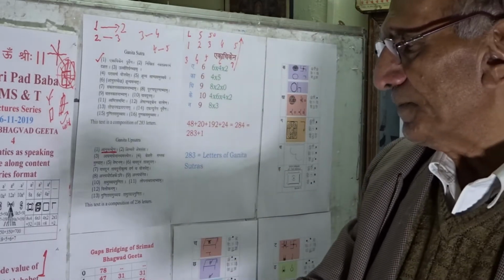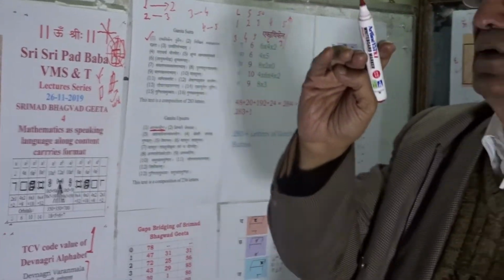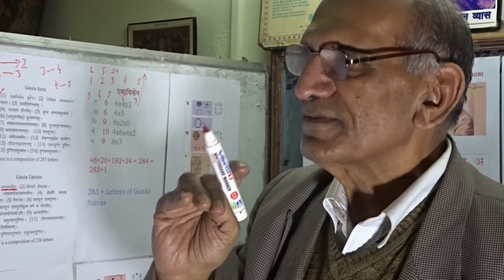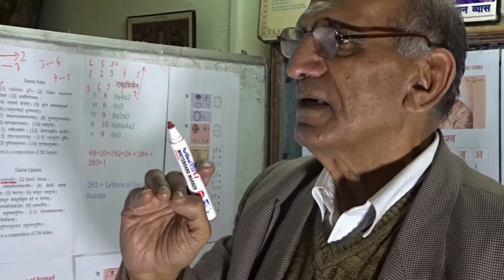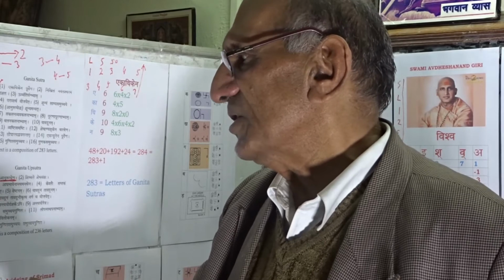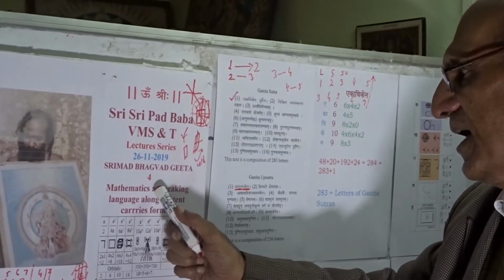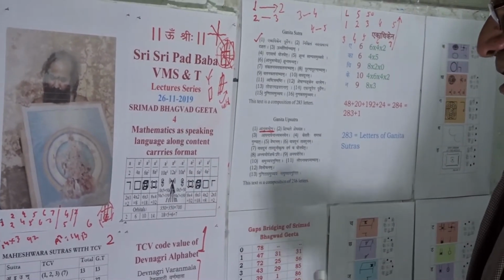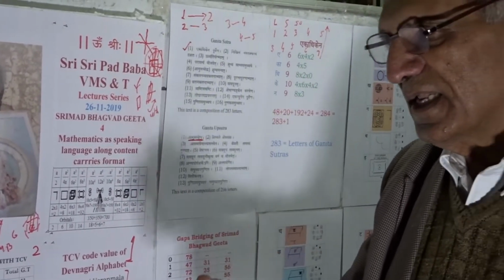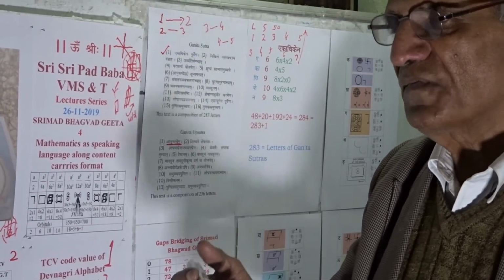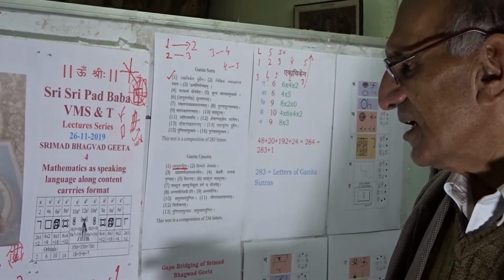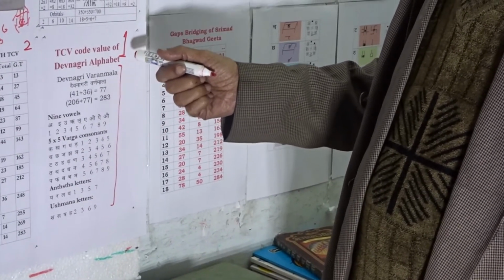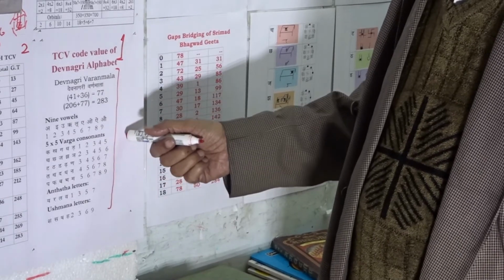This feature of the mathematics of the Vedic systems being availed for transformation of mathematics as a speaking language along the content carriers formats is inherently of inbuilt features and characteristics, properly preserved and properly coded in the Devanagari alphabet itself.